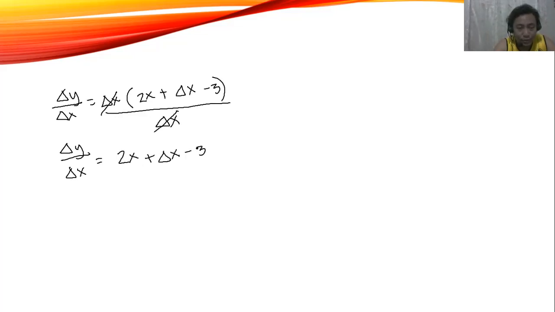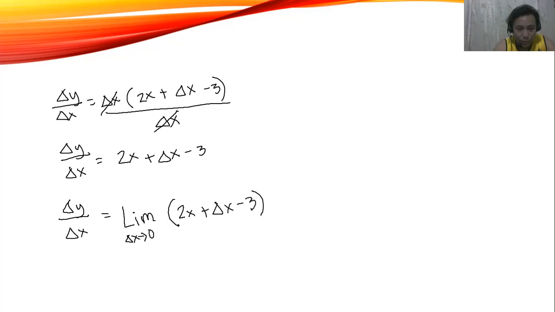So now we are going to find the limit of this expression. So we have delta y over delta x is equal to the limit of 2x plus delta x minus 3 as the delta x approaches 0.